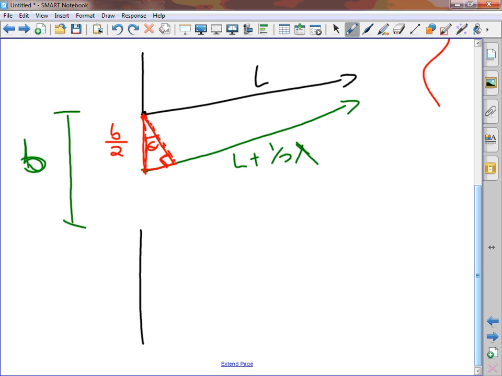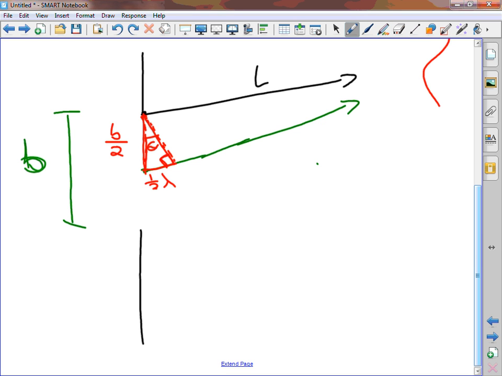This part of the triangle right here, this base, is the path difference. That's how much further he went.